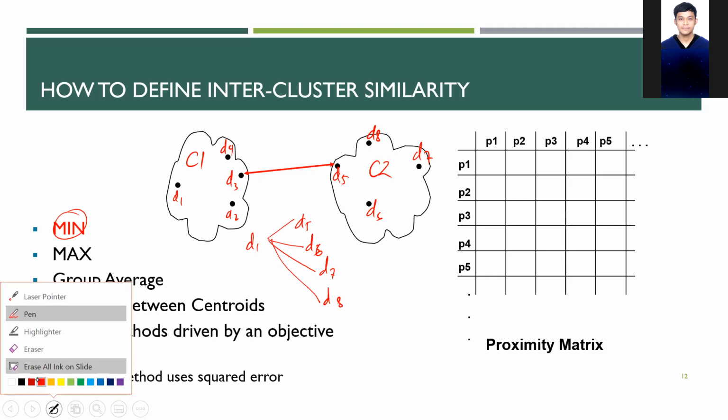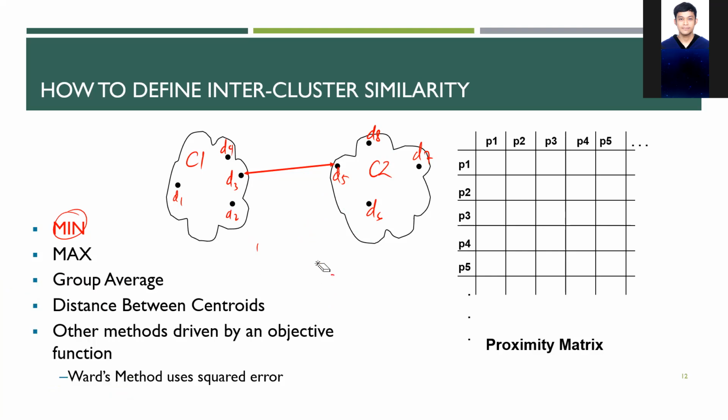So we have to calculate the distance between each pair. Data 1, 2, 3, 4 in cluster 1, and we calculate the distance with data 5, 6, 7, and 8 in cluster 2. So data 1 to 5, 1 to 6, 1 to 7 and 8, and then 2 to 5, 2 to 6, 2 to 7, 2 to 8, until 4 to 8.